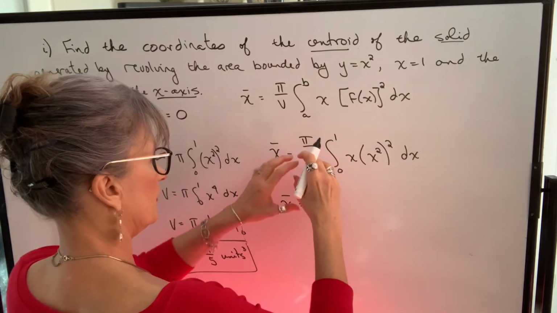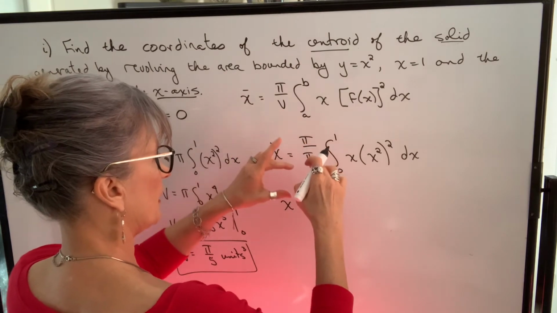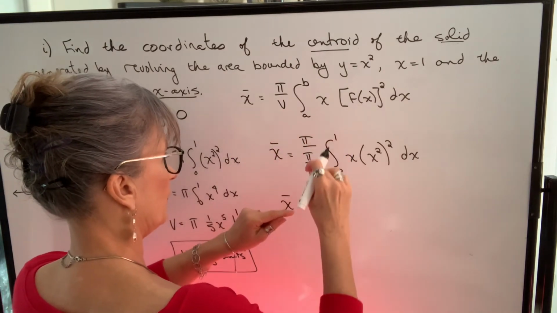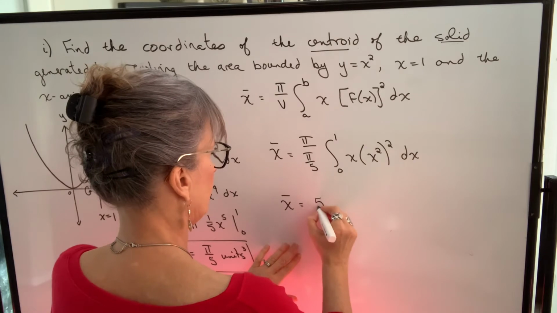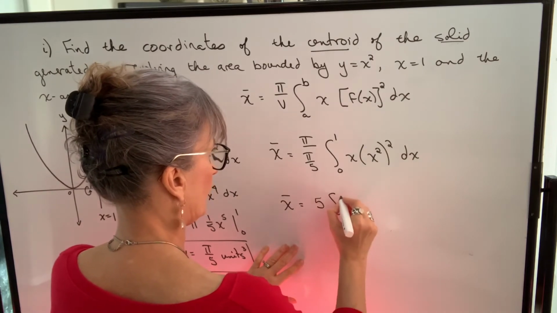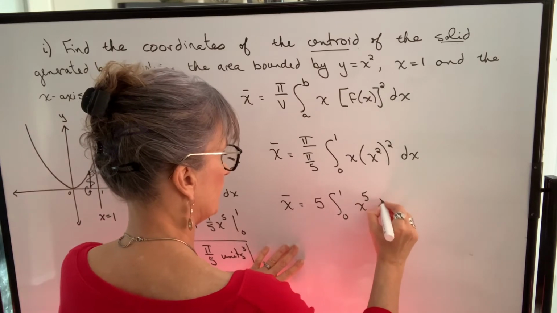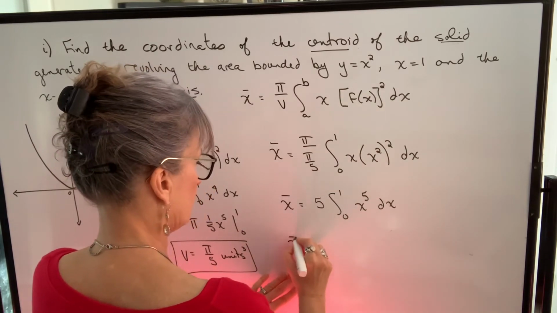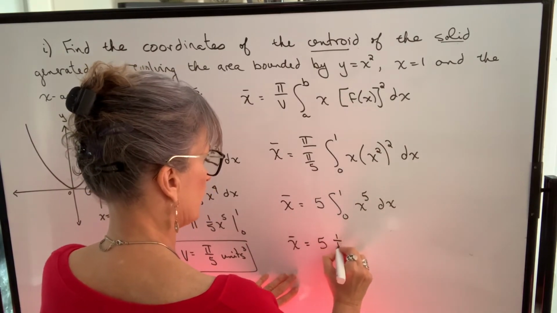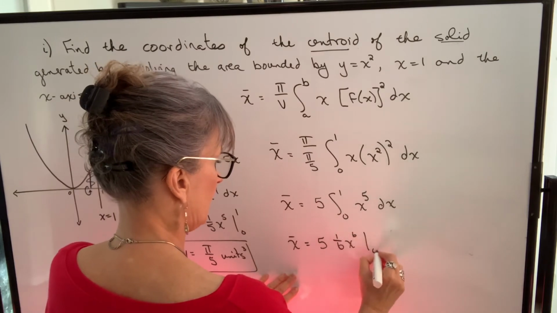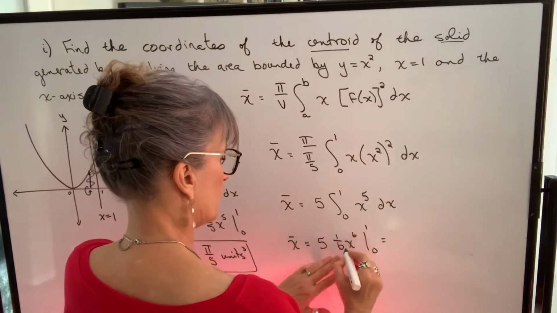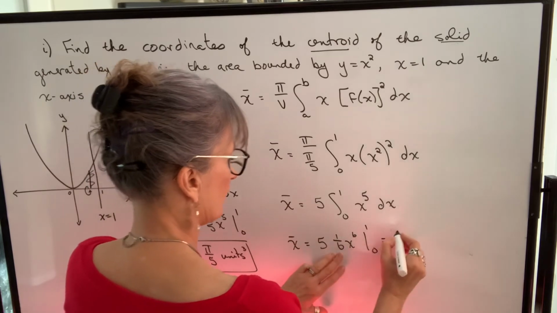When I take pi and divide by pi over 5, I'm multiplying by 5 over pi, so that becomes 5. When I simplify this, it's going to be x to the 5th. And when I integrate it, it will be 1/6 x to the 6th. And when I evaluate it, it's going to be 1/6 times 5, which is 5/6.